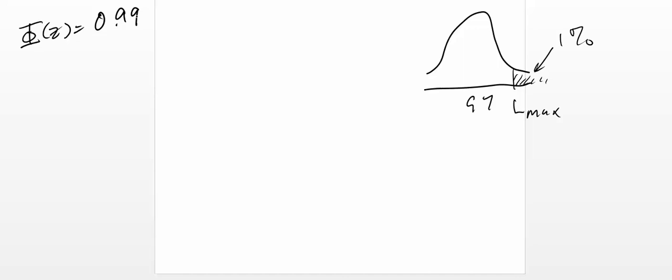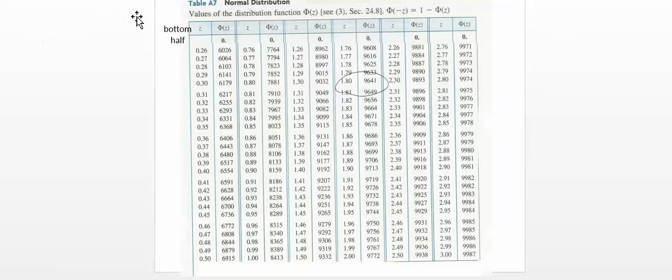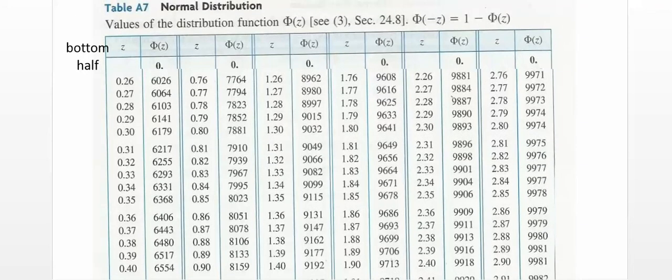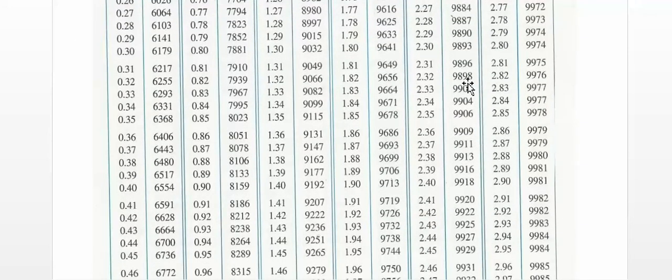Let's go find that. We're looking in this column for 0.990. We're not quite there. It's between these two, so we want to use linear interpolation to get the right value.